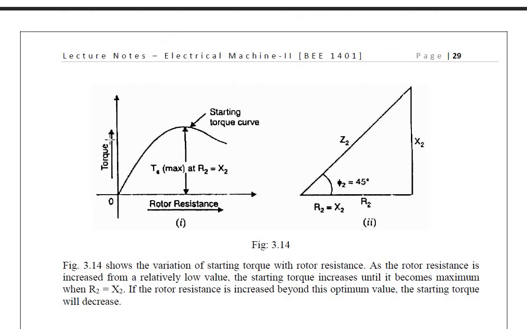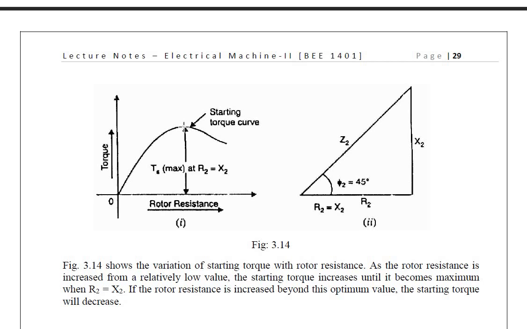Now this is the torque versus rotor resistance graph. At zero rotor resistance, the starting torque is 0. By gradually increasing the rotor resistance, the torque will also increase till the maximum starting torque point.